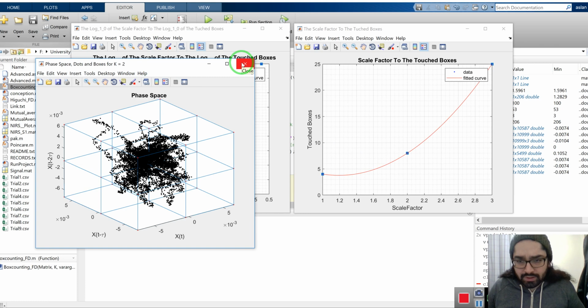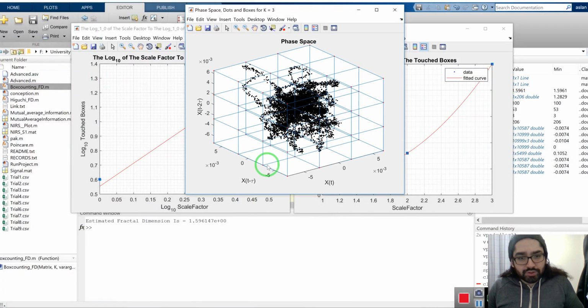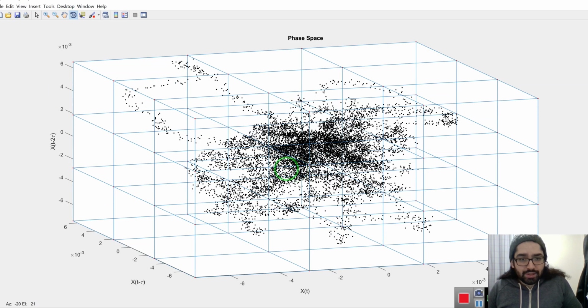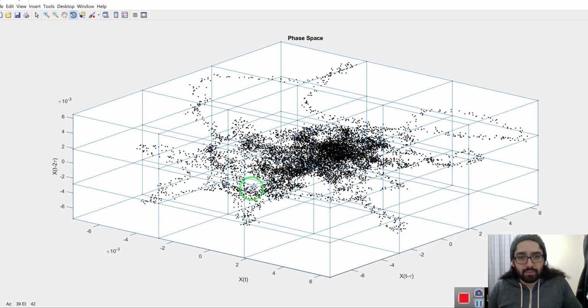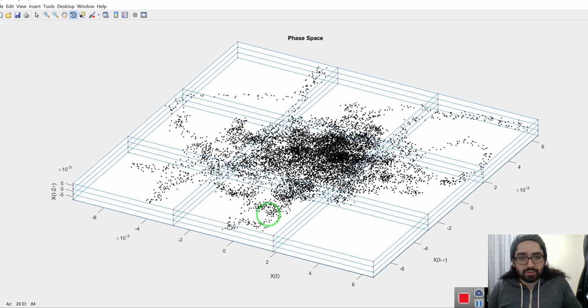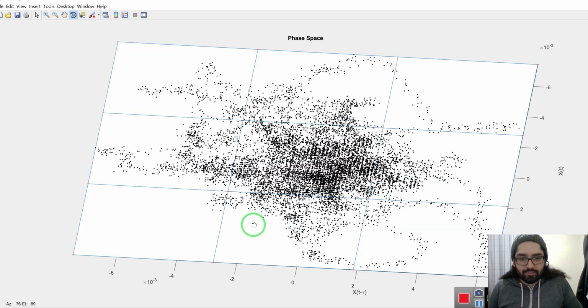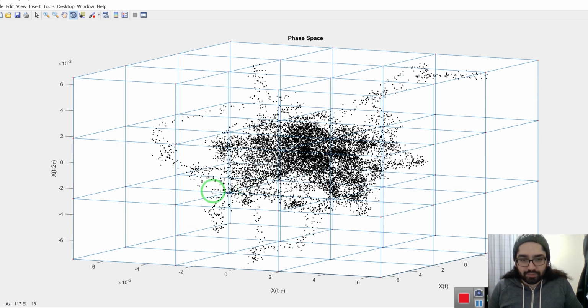Up to here, the dimension is 3. And for the next one, the scale factor will be 3, and as you see here, there are 27 boxes, and some of them are not touched. For example, here, one of them can be sensed as not touched.